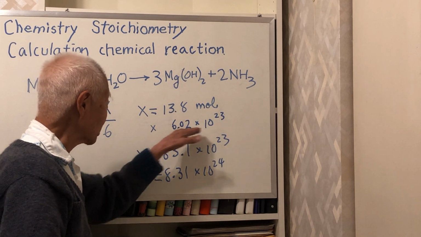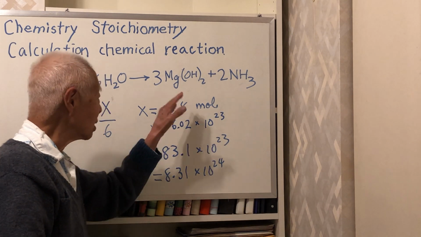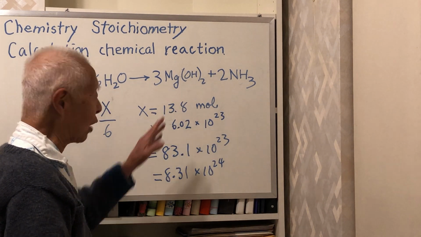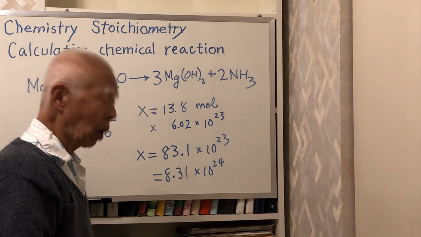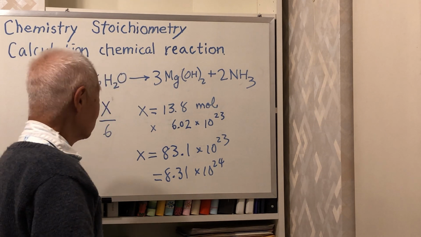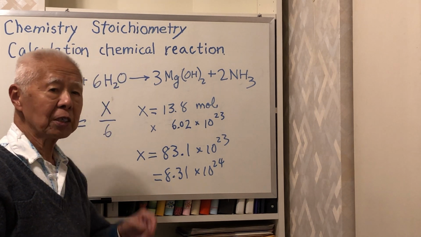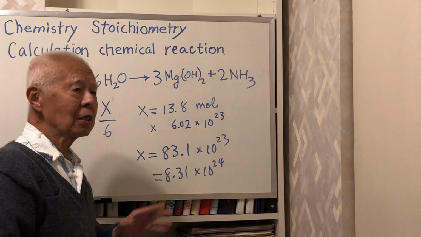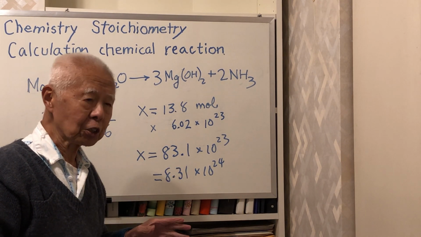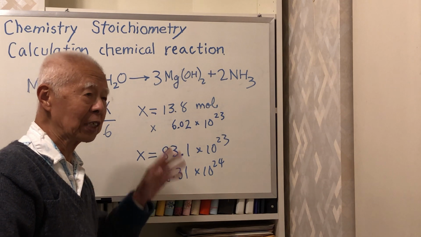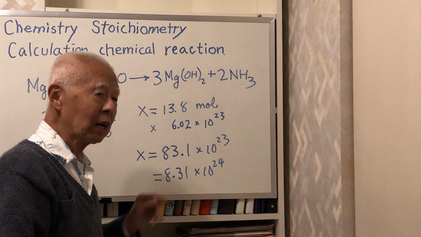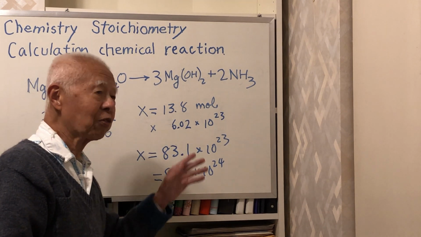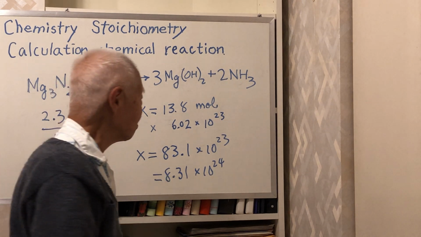That's a conversion factor, okay? So this is how you find the number of molecules. Let me repeat this. To find the number of molecules, you find the number of moles first, because that is very easy to find. And once you have the number of moles, then find the number of molecules.